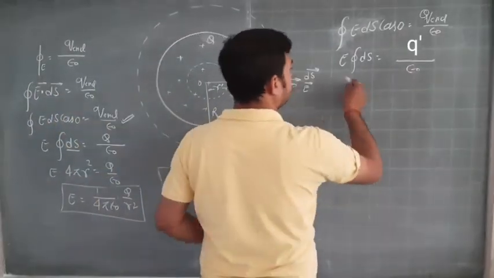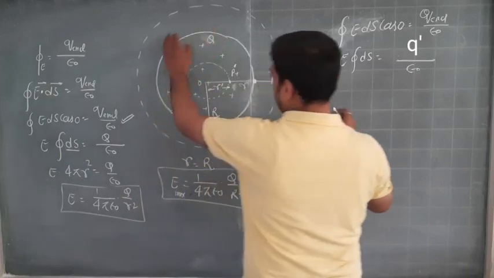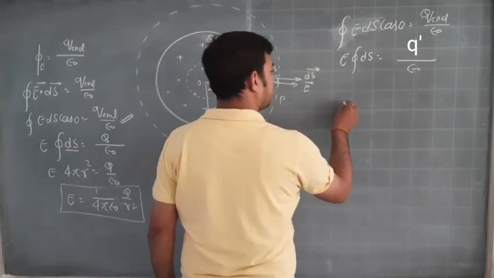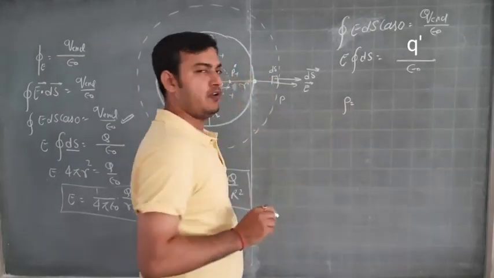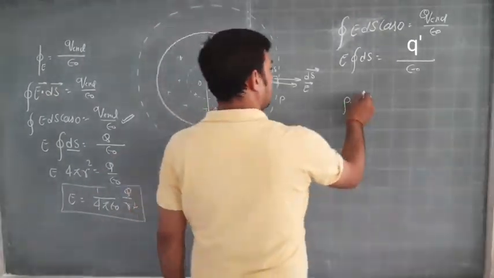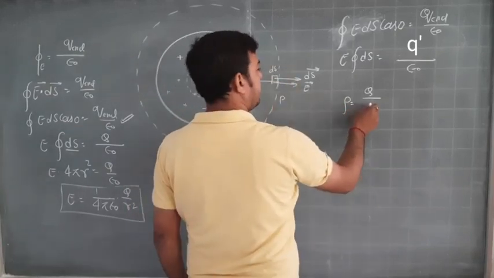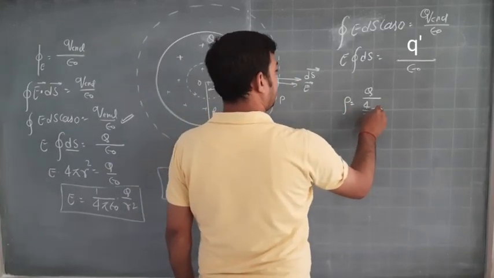From the concept of density, first of all, consider the entire non-conducting sphere, and let me call its volume charge density rho. So this is the charge on the entire sphere divided by the volume of the sphere.